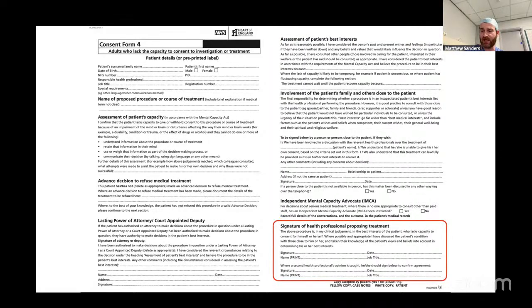And critically, as I mentioned before, it is the clinician that has the ultimate decision about whether or not to proceed in the patient's best interest, and therefore it's the clinician that signs the paperwork on behalf of the individual. Although, of course, we always seek out the support of relatives and or the clinicians where necessary.